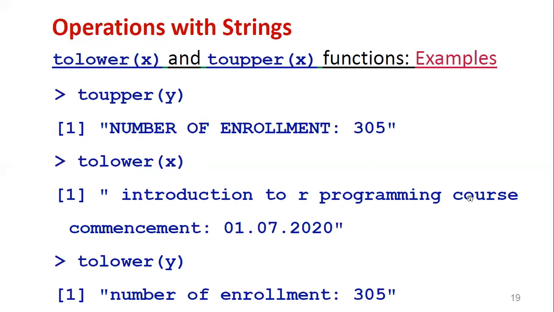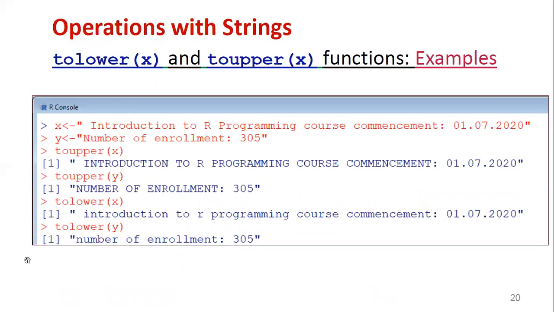In "Introduction to R programming course commencement", the I in introduction is uppercase and that is converted to lowercase, the remaining are already lowercase. The capital R earlier is converted into lowercase. Programming's P is an uppercase letter that is converted into lowercase, the remaining already lowercase. Similarly, tolower of Y, "number of enrollment", only the N in number is uppercase, the remaining all lowercase. That is also converted into lowercase using tolower.